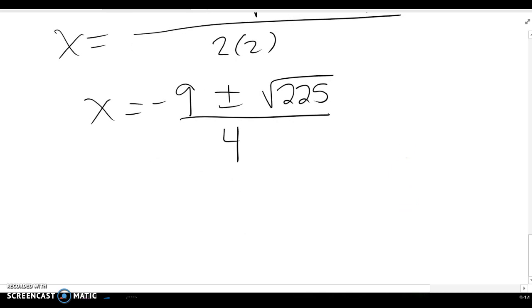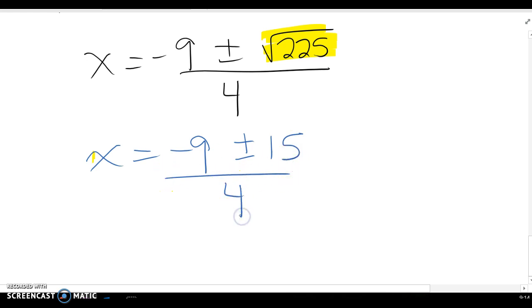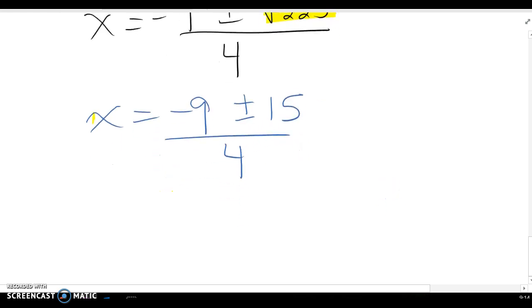So if we follow the order of operations from here, we now see if we can take the square root of 225, and we can, since 225 is a perfect square. So we're left with x equals negative 9 plus or minus 15 divided by 4. This plus or minus is how we come up with our two solutions.